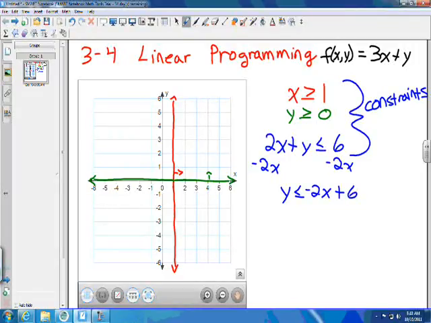Now, you can type all three of these in your calculator. Those first two you should be able to do pretty easily without. But that last one, if you want to type it in, it'd be a good idea to go ahead and type them all in, because it would show you what this shaded region is going to be at the end. So if you hit your y equals and type that in, I'll go ahead and just graph it.